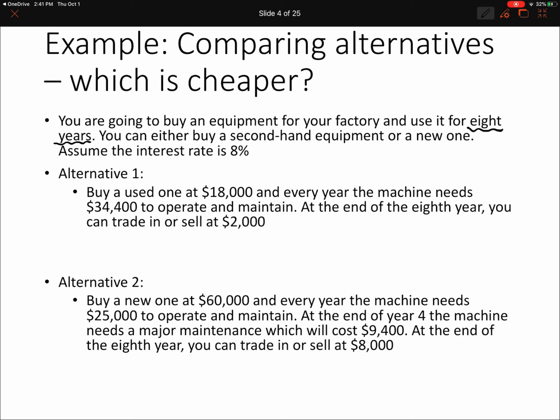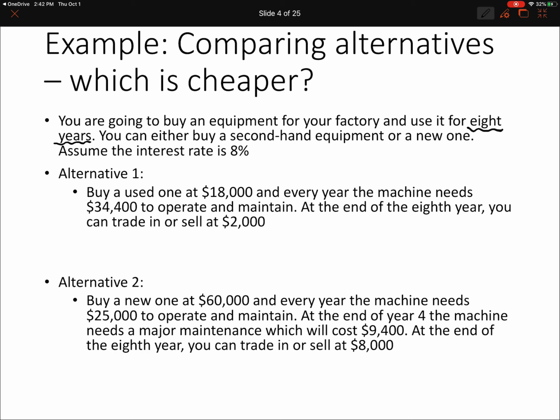You can either buy a second-hand piece of equipment, right? If you want something cheaper but still workable, you can find a used one, just like a used car. Another option is you buy a new one. They cost different amounts, but the maintenance is also different.